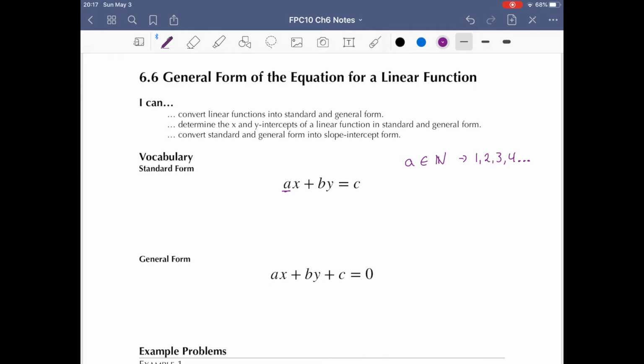A has to be a positive integer. A cannot be 0 either. Well, maybe a could be 0. Anyways, we're going to leave a being restricted to the natural numbers for now.